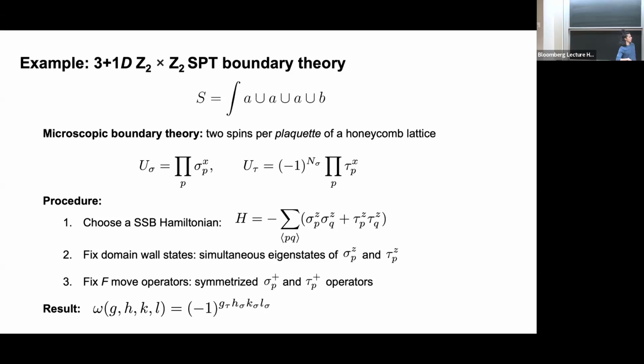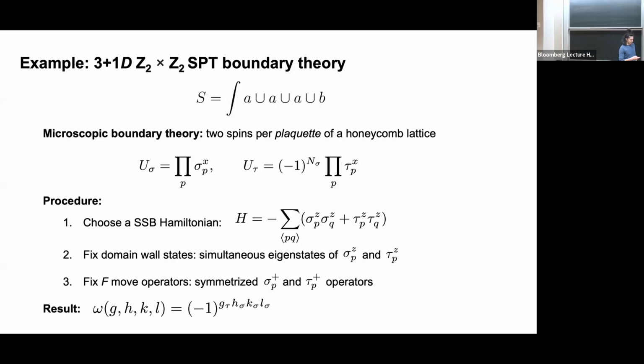N sigma counts the number of domain wall loops of sigma spins. We say that there's a sigma domain wall on any edge of the lattice which lies between an up sigma spin and a down sigma spin. So if sigma is up on one plaquette and down on a neighboring plaquette, then there's a sigma domain wall lying on that edge.